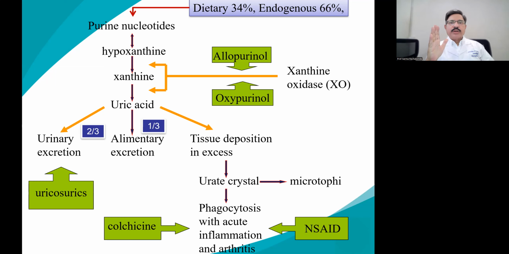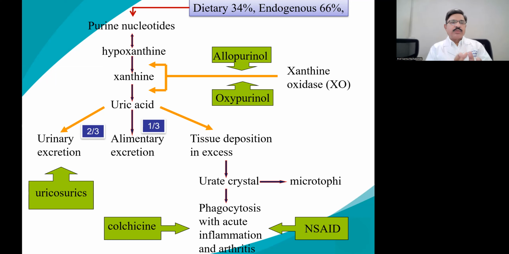So allopurinol and oxypurinol are those which inhibit the xanthine to uric acid. That is, they reduce the production by suppressing the xanthine oxidase. Xanthine oxidase facilitates xanthine to uric acid. If I suppress the xanthine oxidase, uric acid synthesis is reduced.